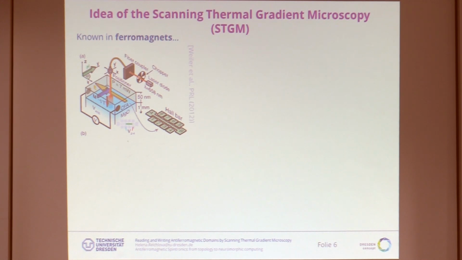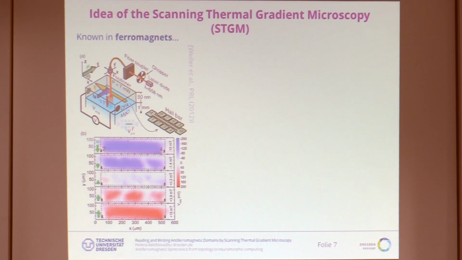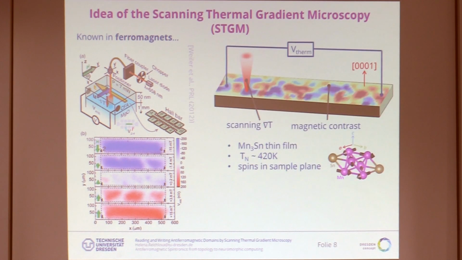This is known in ferromagnets. In ferromagnets, obviously, it's easy. Magnetic field is reversing the magnetization, and then the global detected voltage is either positive or negative based on the magnetization.